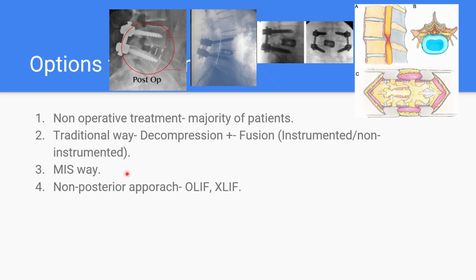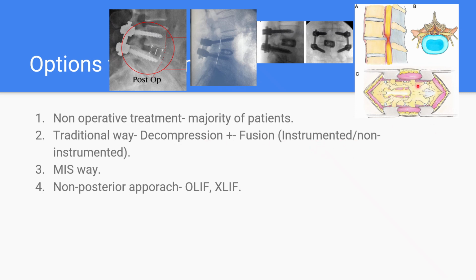Now in terms of the operative treatment, the traditional way is decompression, and generally these spondylolisthesis are fixed. However, even if just a decompression is done, that also has been shown to have equally good results. So the fusion, if it is done, could be instrumented or non-instrumented.